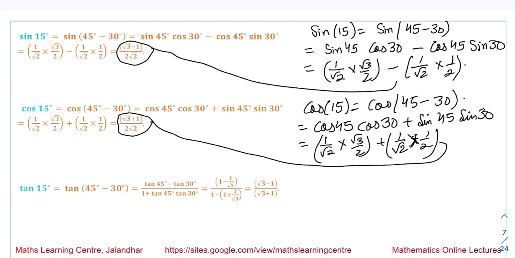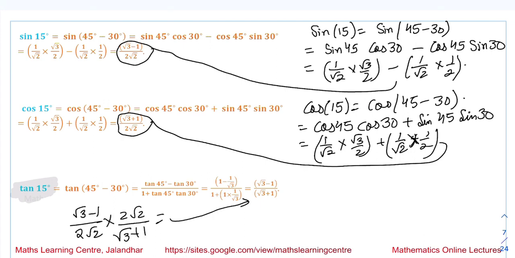Now when we have to calculate the value of tan 15 degrees, one method is that we can divide both these values. It is sine 15, root 3 minus 1 by 2 root 2, into 2 root 2 over root 3 plus 1, and the answer we get is square root 3 minus 1 by square root 3 plus 1.